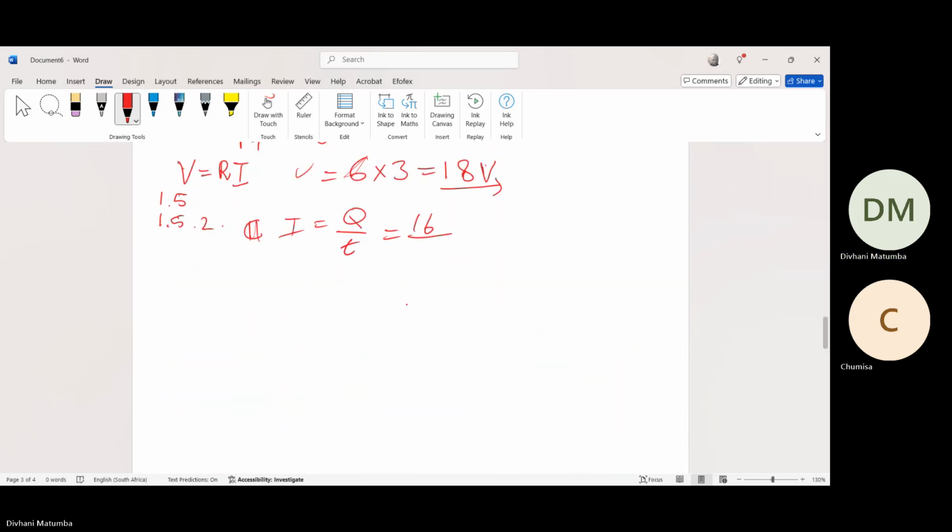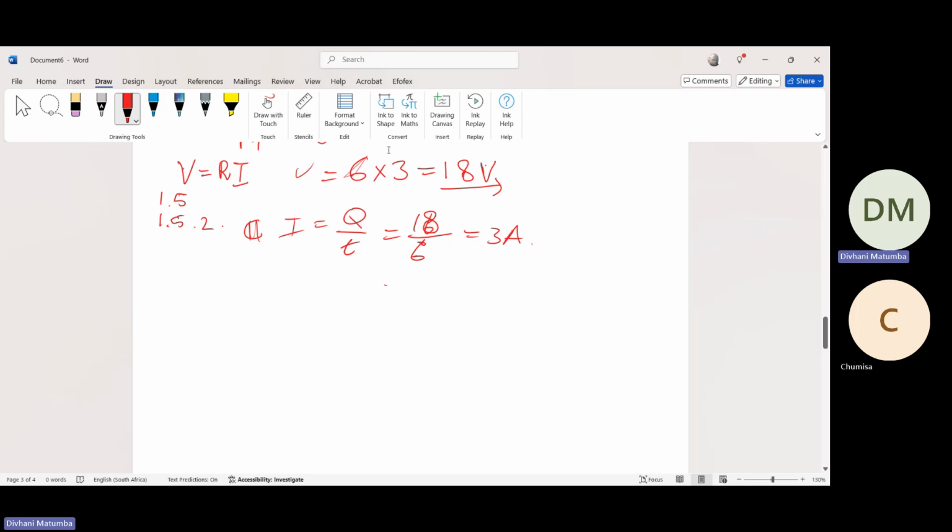Yes, 6 seconds. Q is 18 coulombs. So 18 divided by 6 will give us what? 3 amps.